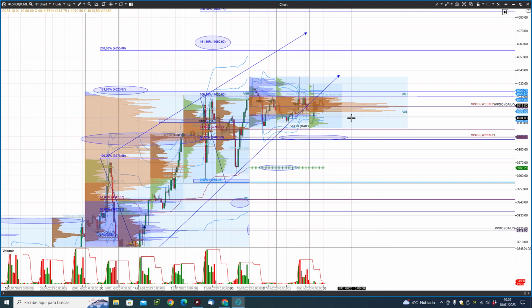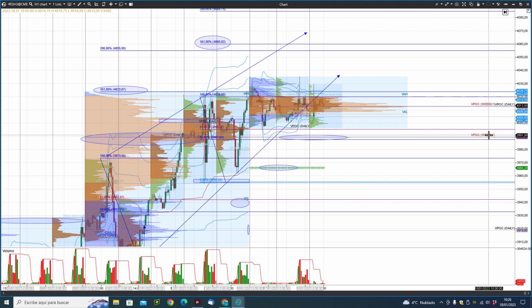In case of going down, we have several targets. The first one is this minimum of today. It's exactly on this peak of volume, 3,996, and in second place, this weekly VPOC.